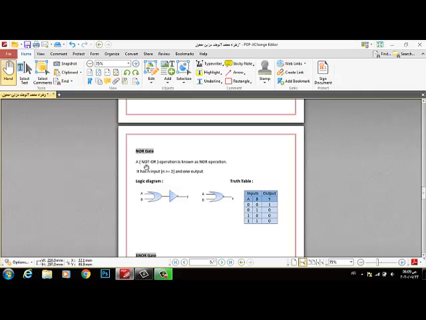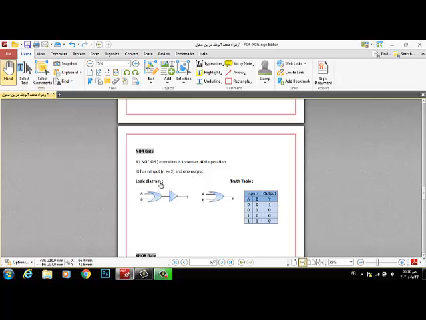A NOT gate plus OR gate operations is known as the NOR operation. It has n inputs, n greater or equal to 2, and 1 output.